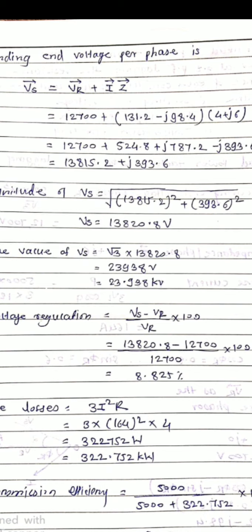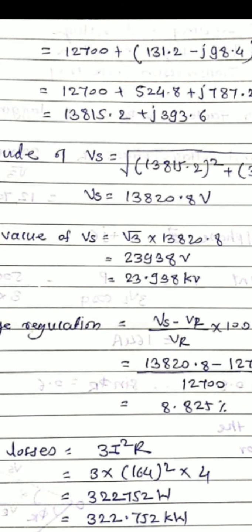From the phasor diagram, the magnitude of Vs is the square root of 13815.2 square plus 393.6 square. Calculating that, Vs is equal to 13820.8 volt.